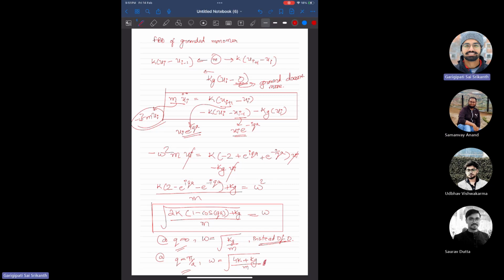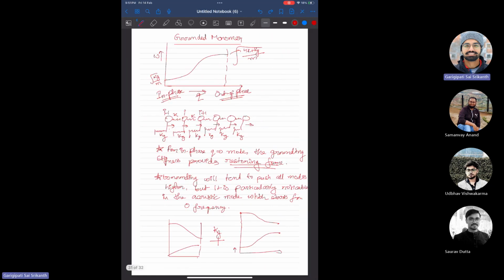And this holds in both totally in phase and totally out of phase modes. So what we observe when you have grounding is that the entire chain is lifted up by root kg by m, right?